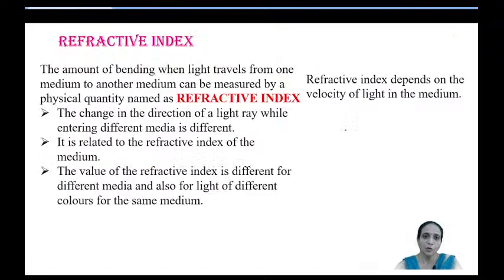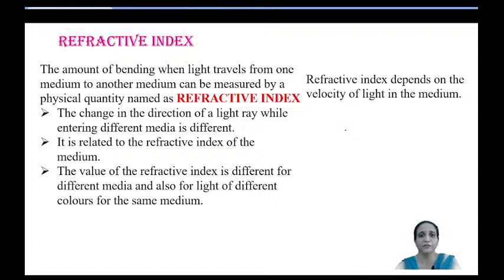Refractive index. We know that during refraction, the light bends, correct? When it is moving from one medium to another, it bends. The amount of bending when the light travels from one medium to another can be measured by a physical quantity named refractive index. The change in the direction of the light ray while entering different media is different.